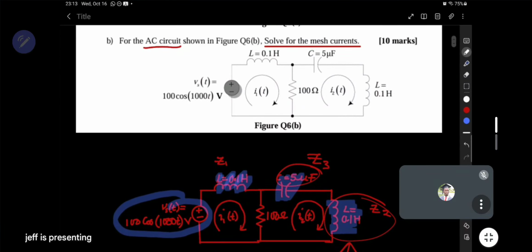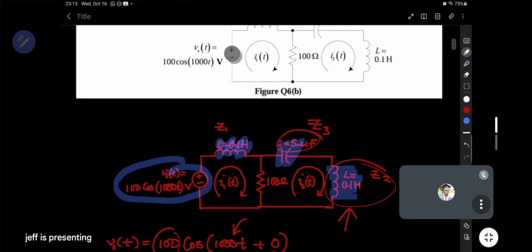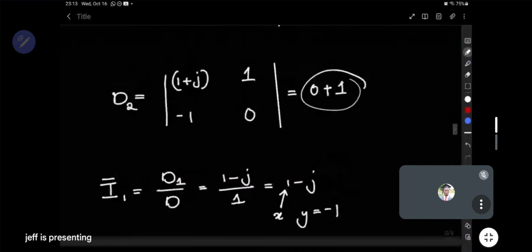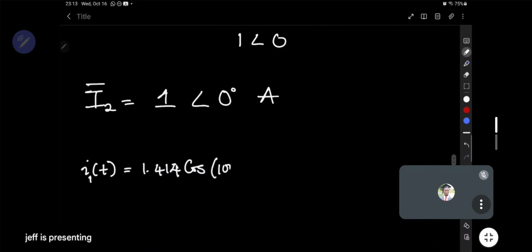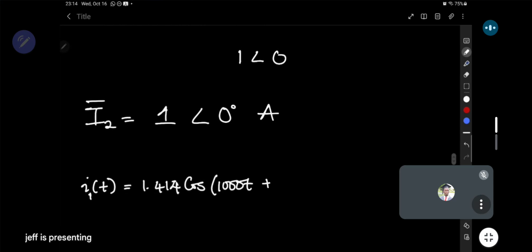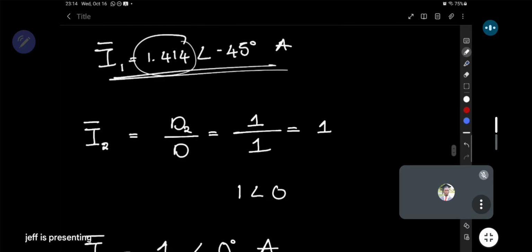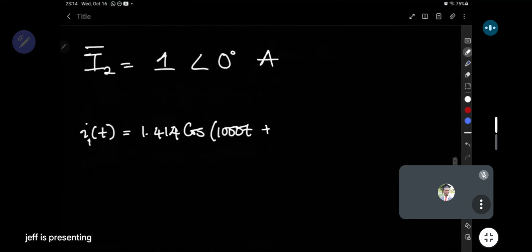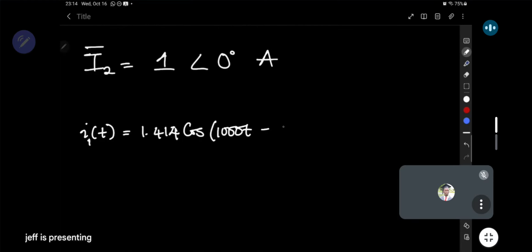When you check, it was 1,000, right? 1,000, yes. Then plus, now we need the phase angle. This is for I1, the phase angle comes from here. We got -45. The negative will make this a minus here. Then we have the 45 here.